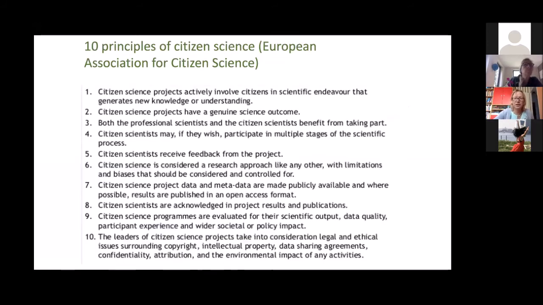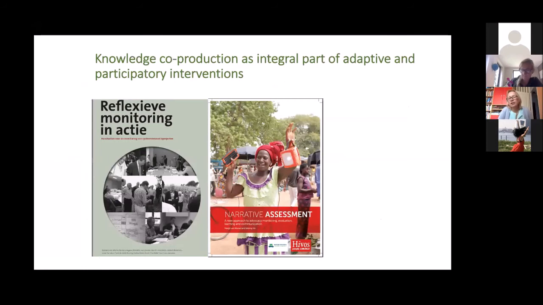I just copied here as a resource some of the principles that within the citizen science communities have been developed, which includes ethics of citizen science, just for further consideration. So what I'm arguing is that knowledge co-production can be an integral part of these adaptive and participatory interventions.